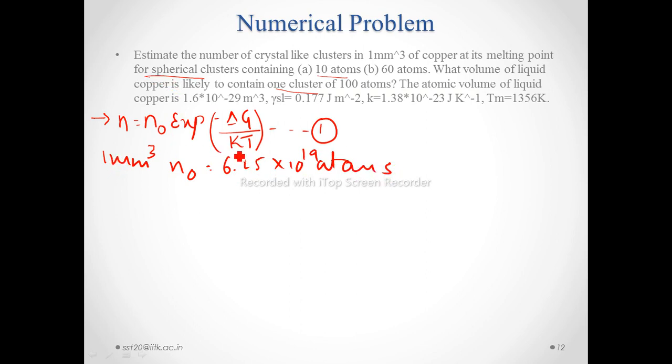Okay, and we know k, that is the Boltzmann constant, 1.38 into 10 to the power of minus 23 joules per Kelvin, and we know the T value, this is Tm, that is 1356 Kelvin.